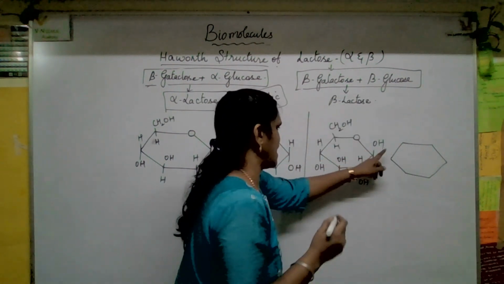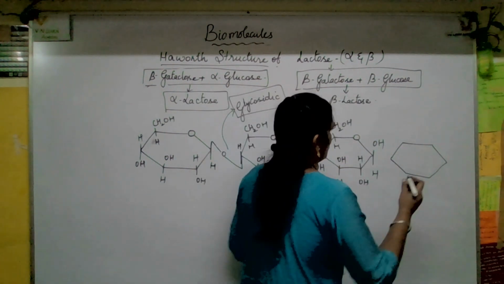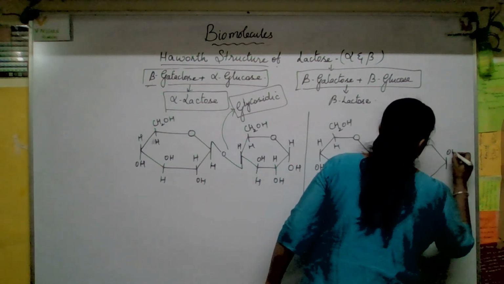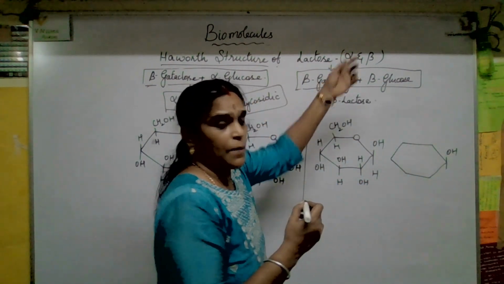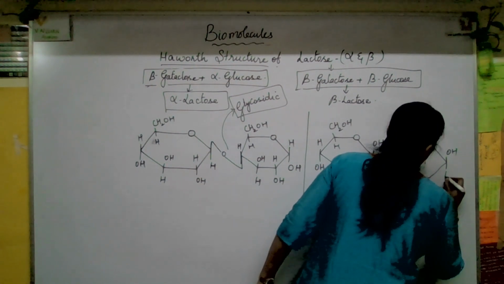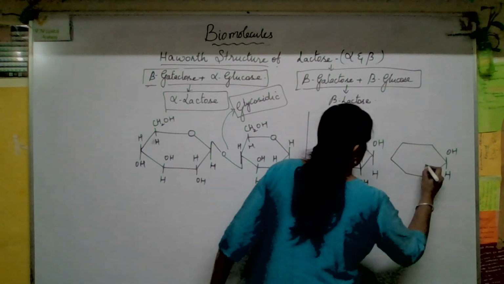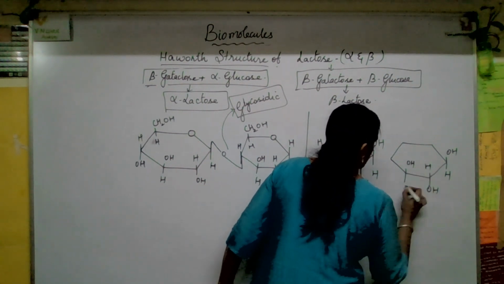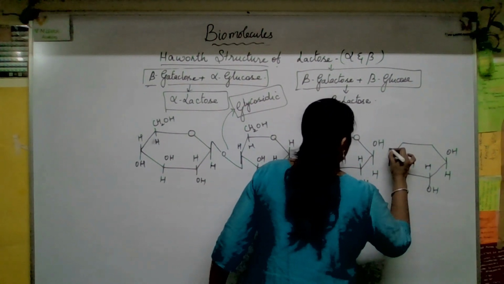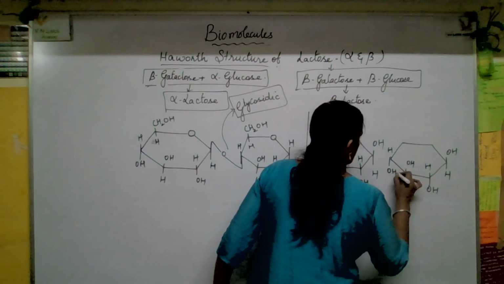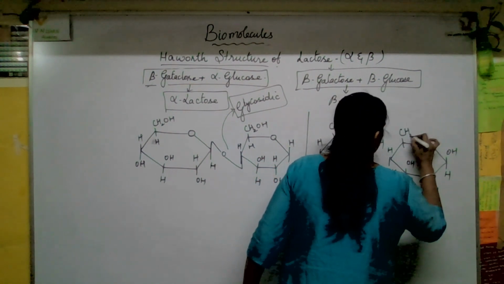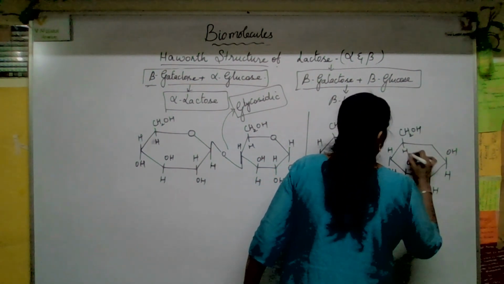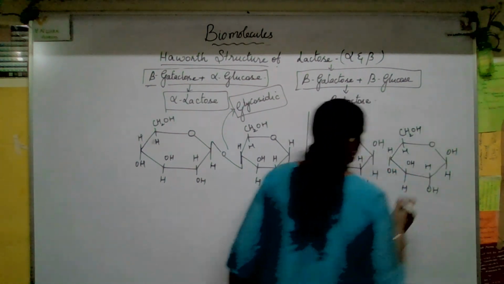Beta galactose and beta glucose are both the same here. OH is beta because that OH should come on top. Here H, then H, OH, then OH, H, and H, OH, and then CH2OH and H, here oxygen.